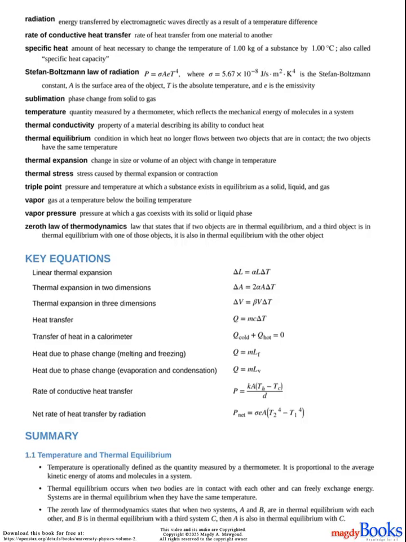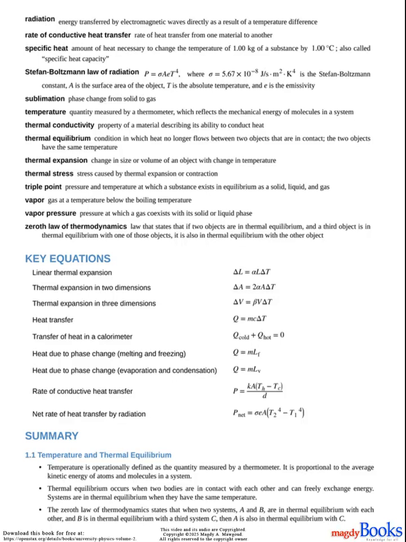35. Temperature. Quantity measured by a thermometer, which reflects the mechanical energy of molecules in a system. 36. Thermal conductivity. Property of a material describing its ability to conduct heat. 37. Thermal equilibrium. Condition in which heat no longer flows between two objects that are in contact.